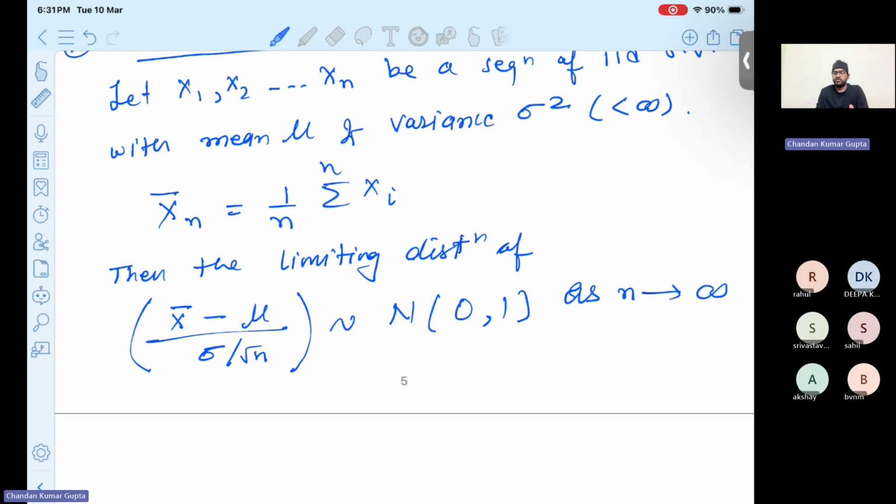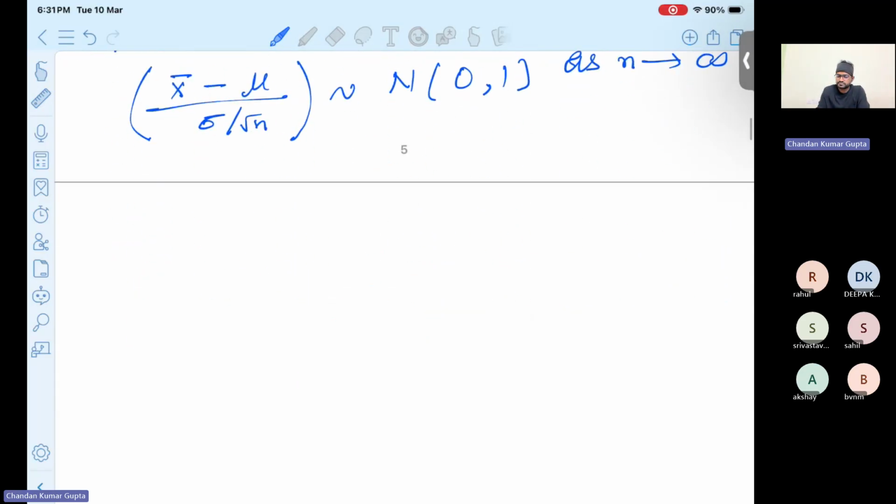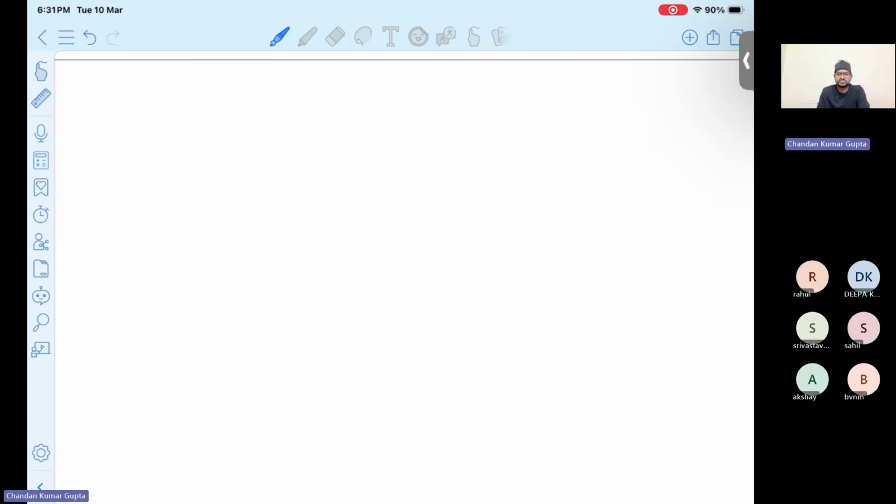Suppose x1 follows d1 distribution, x2 follows d2 distribution, xn follows dn distribution, and these distributions may be the same. But (x bar minus mu) upon (sigma by root n) must follow normal distribution as n tends to infinity. So this is the idea of the central limit theorem: every random variable converges to a normal distribution for a sufficiently large n.